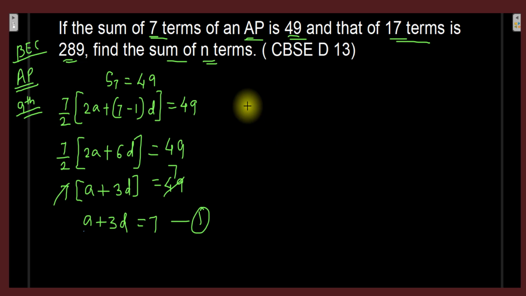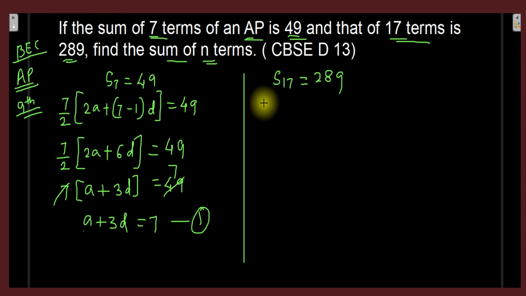Now the remaining part I solve on this side, so a plus 3d is equal to 7. This is the first equation. The sum of 17 terms is given as 289.